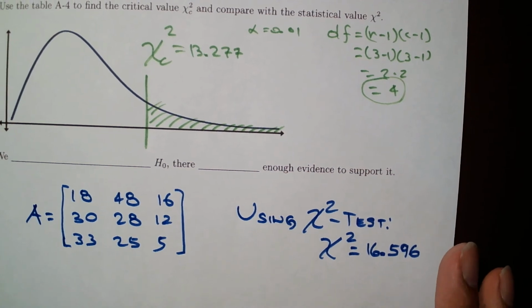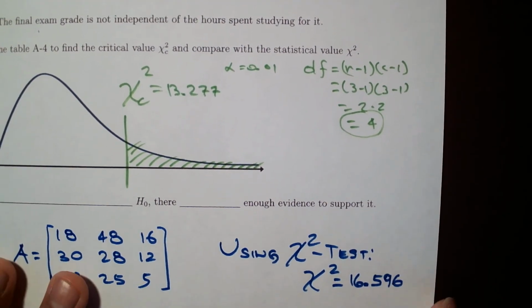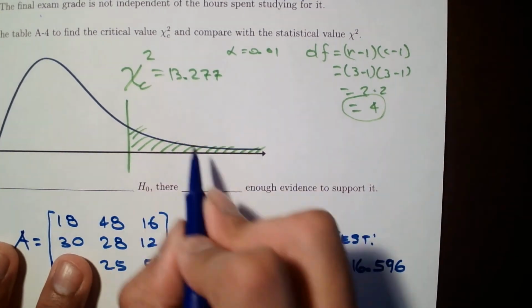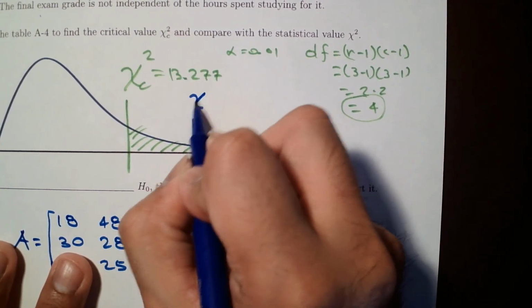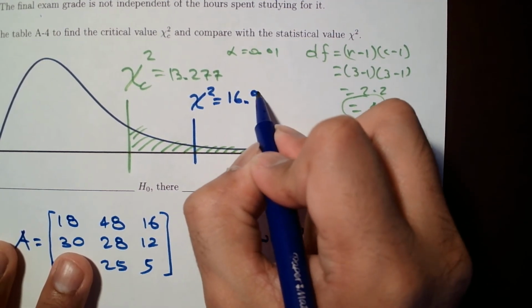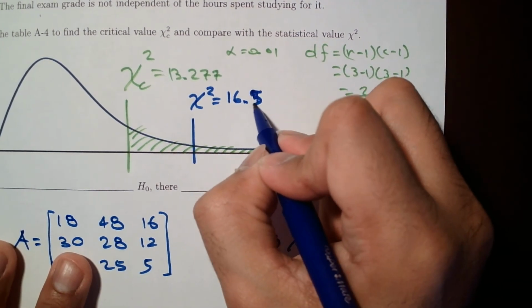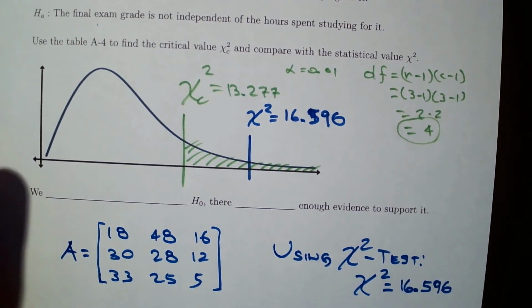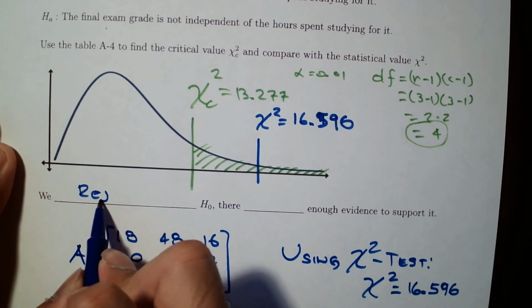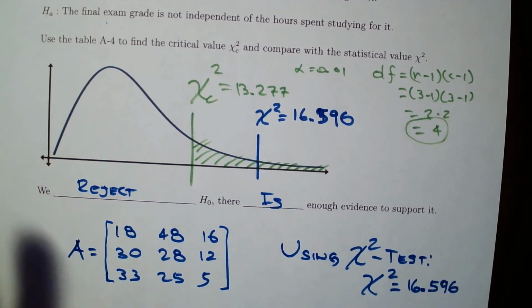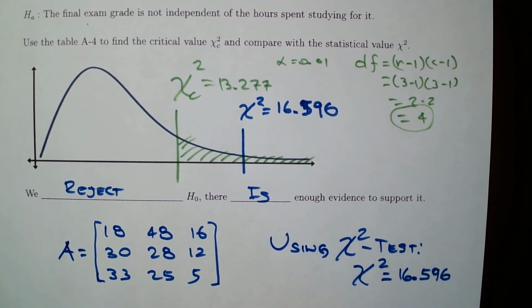Alright, so if we compare this, it's going to fall in the shaded region because 16.596 is larger than 13.277. So for this reason, we reject the null hypothesis because there is enough evidence to support our claim.